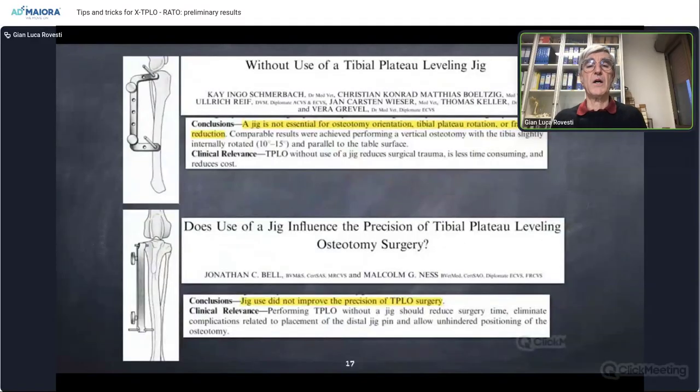And not only because these publications show that it's not really useful in order to achieve a more precise, quicker, or easier procedure, but also because the proximal pin of the jig cannot be, for anatomical reasons, the center of rotation of the tibia after the osteotomy. So this is the starting point of this revision.